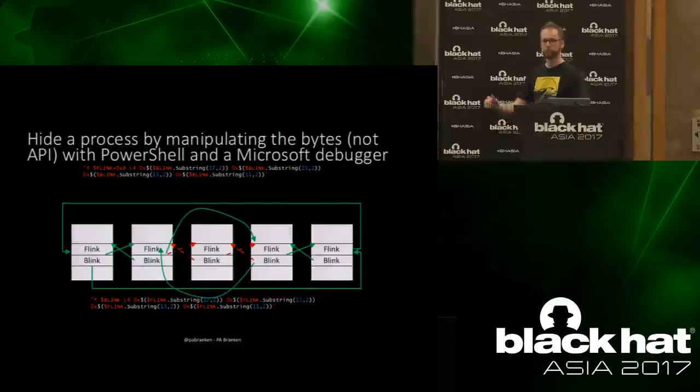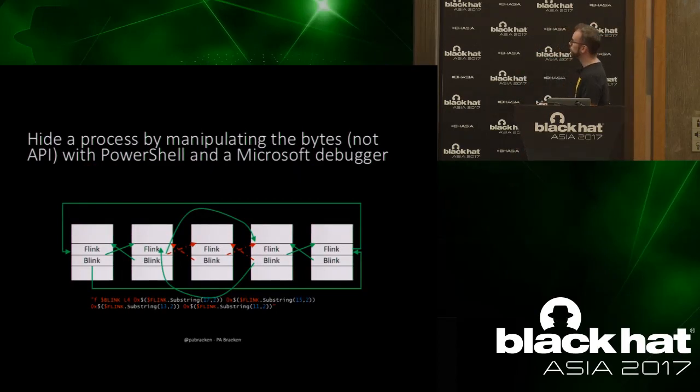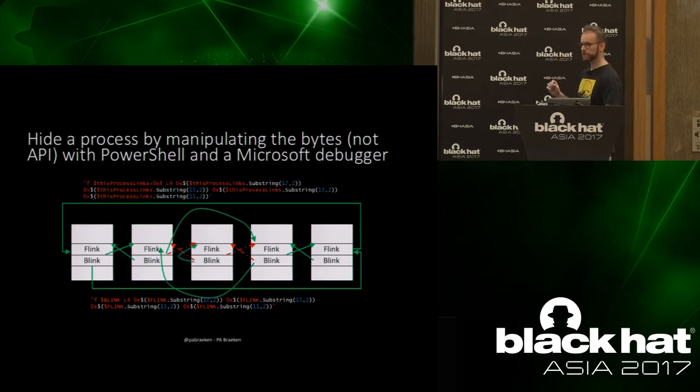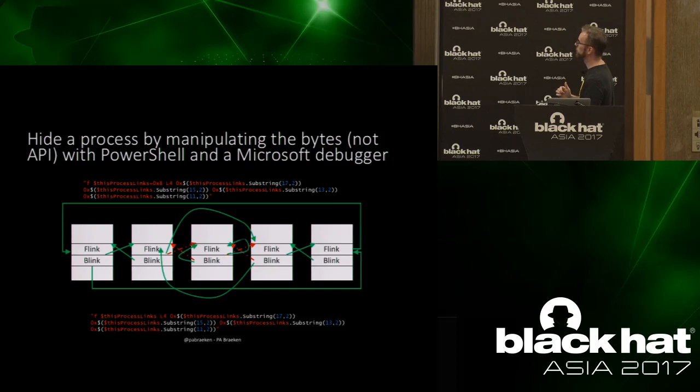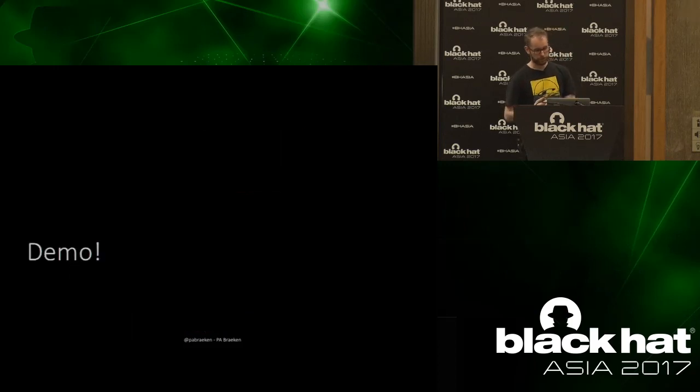But it's not enough. If you just do that, you will experience a BSOD, a crash, like 3 seconds later. So you also want to link this process to itself and this thing. I automated that with PowerShell and the debugger.